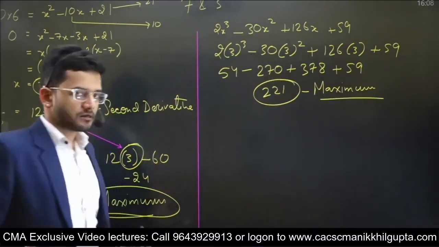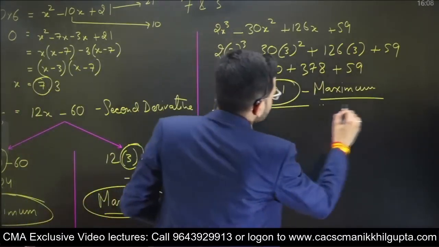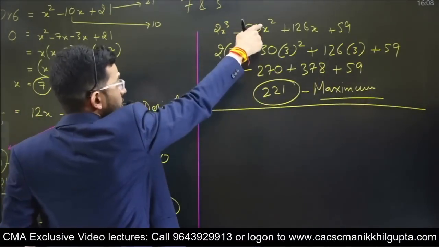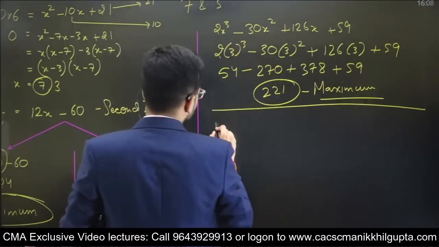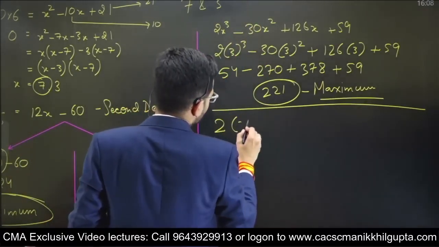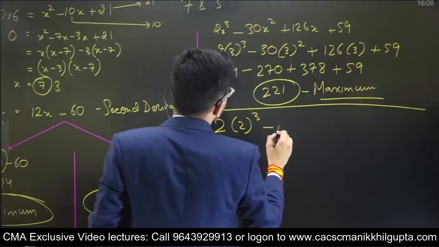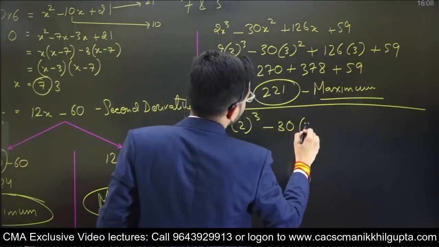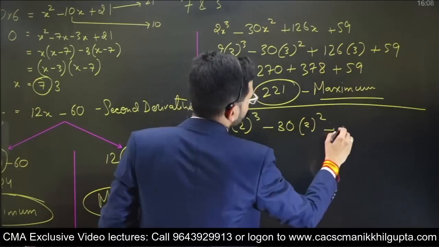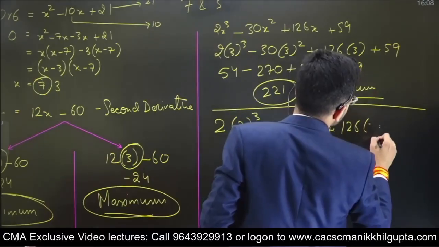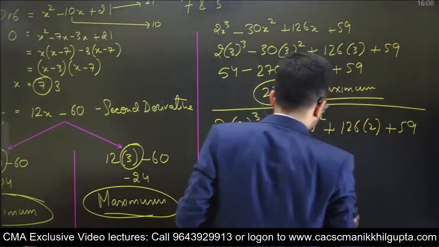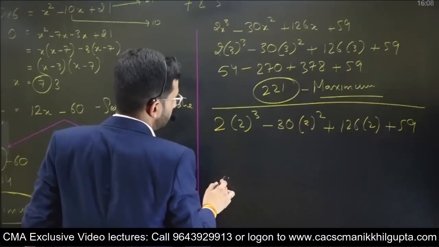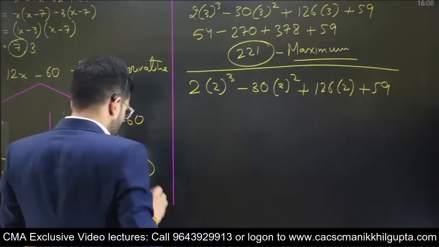How to prove this? To prove this, instead of 3, I'll put 2. 2 into 2 cube minus 30 into 2 square plus 126 into 2 plus 59. Let us recompute the number when instead of 3, I put 2.